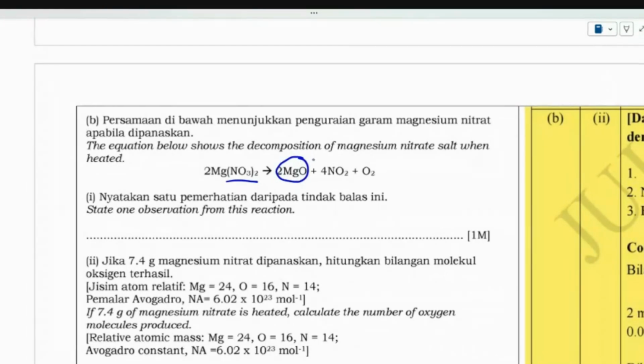Magnesium oxide, what color is it? You still remember the finding of empirical formula for magnesium oxide? Magnesium oxide, what color? Anyone still remember?